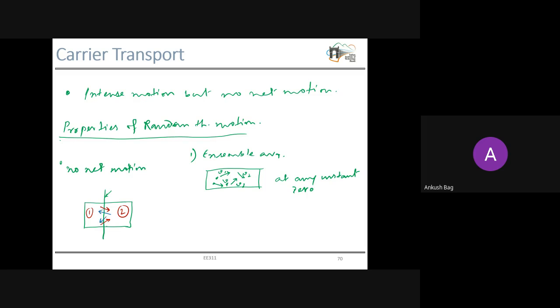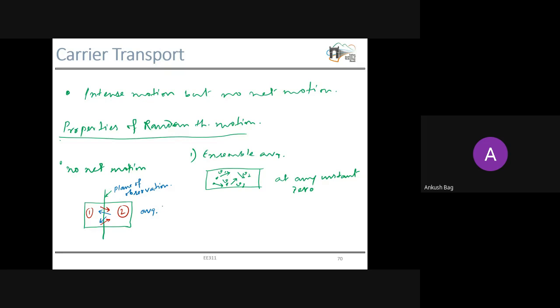Now if we calculate the average flux, meaning the carriers per unit time crossing this plane of observation, for some duration of time, it will also be 0.